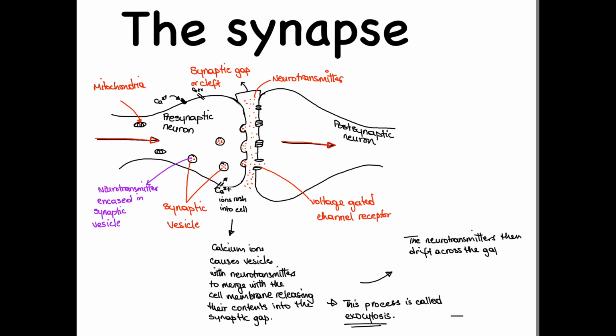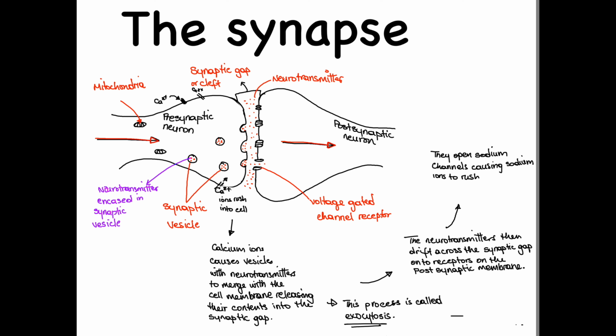The neurotransmitters then drift across the synaptic gap or cleft onto the receptors of the postsynaptic cell, and that's where you see those little gaps. And those are sodium ion channels.